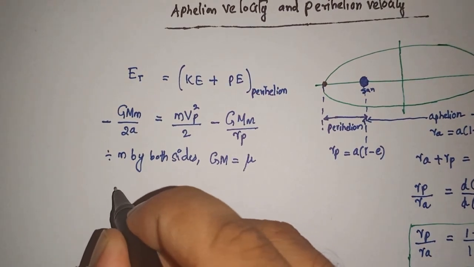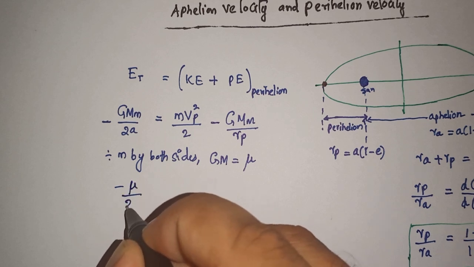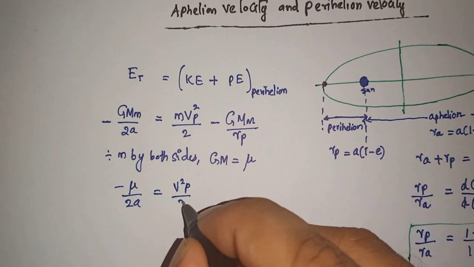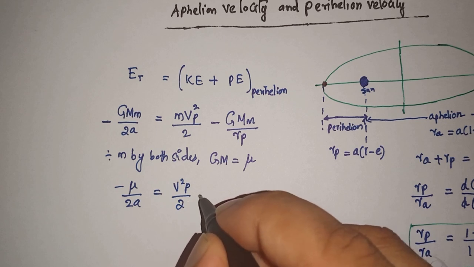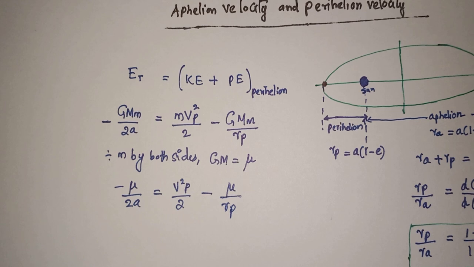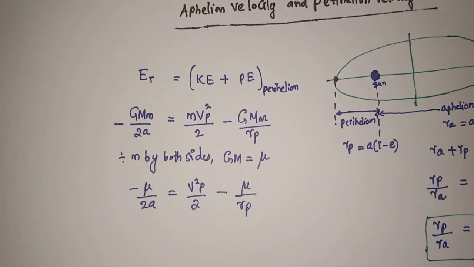Now you go with minus mu divided by 2a, which is equal to v_p squared divided by 2, the perihelion velocity squared divided by 2, minus mu divided by rp. This is basic simple math again.